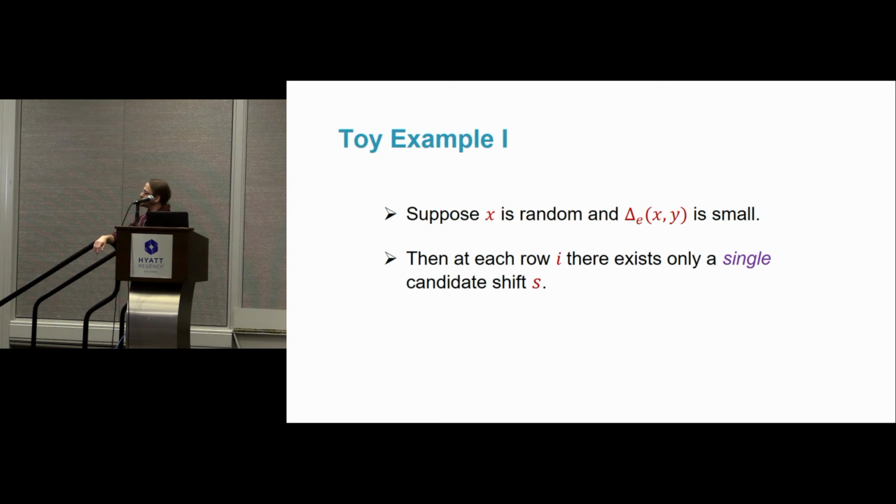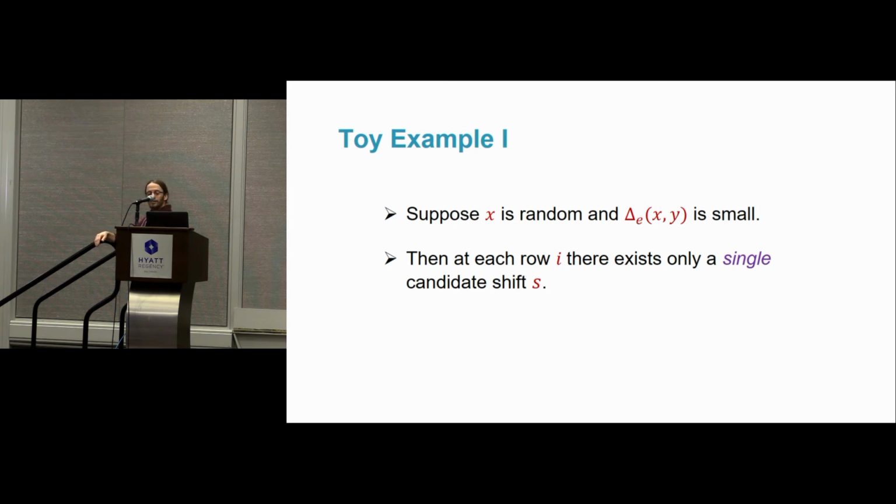So then if x is random, and the edit distance between x and y is small, then for each row, there is only a single candidate shift s. We don't know it ahead, but if you think of it, there is roughly only one way to convert x into y. So there is only one candidate shift.